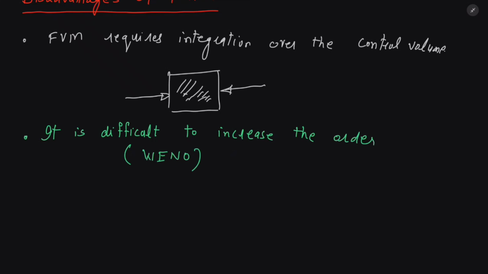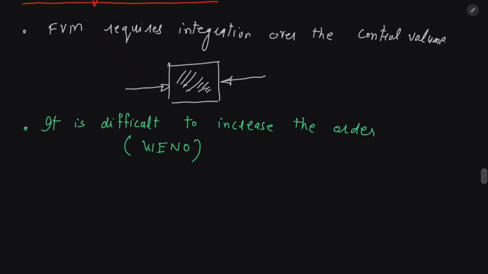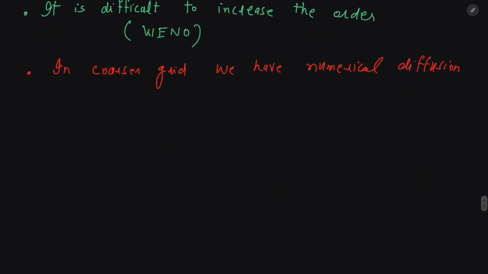And one of the other disadvantages is in a coarser grid. Coarser means less number of grid points. In a coarser grid, we have numerical diffusion. Numerical diffusion looks like this.